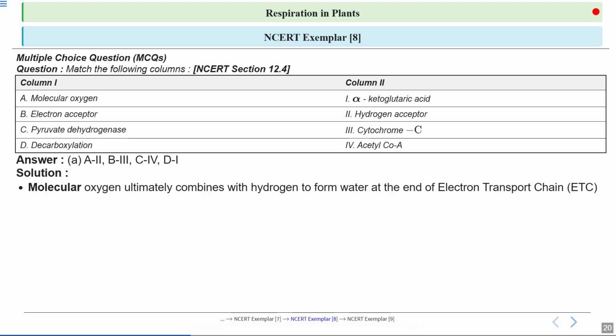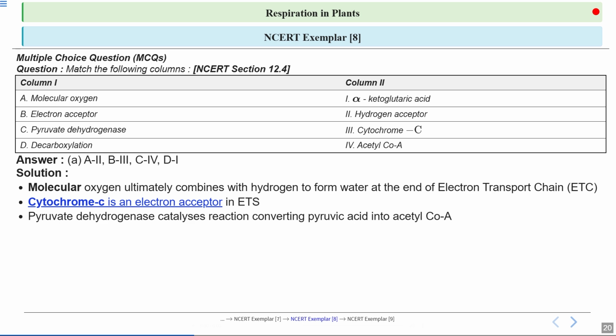Therefore, for A, molecular oxygen, the correct match is 2, that is hydrogen acceptor. Now for B, electron acceptor, cytochrome C is an electron acceptor in the electron transport system. It is a mobile electron carrier present in the inner mitochondrial membrane.